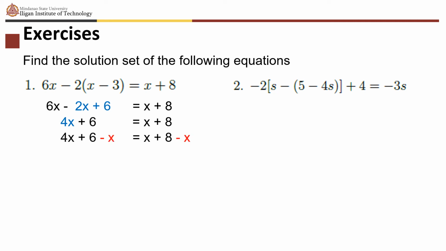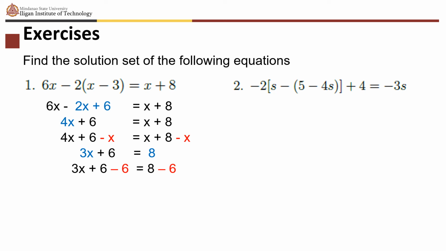Next, we can subtract x on both sides of the equation. So we will have 4x minus x plus 6, which gives us 3x plus 6. And on the other side, x plus 8 minus x will give us 8. And what's next?